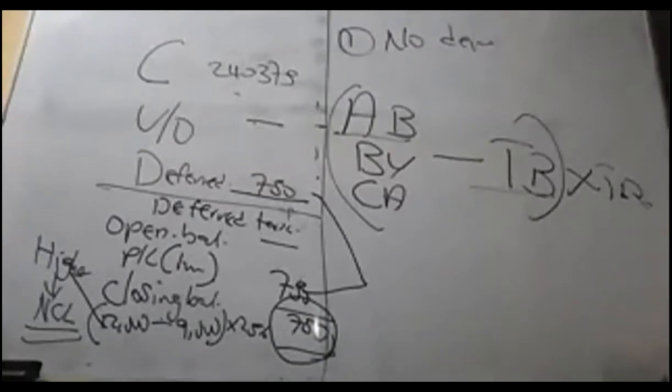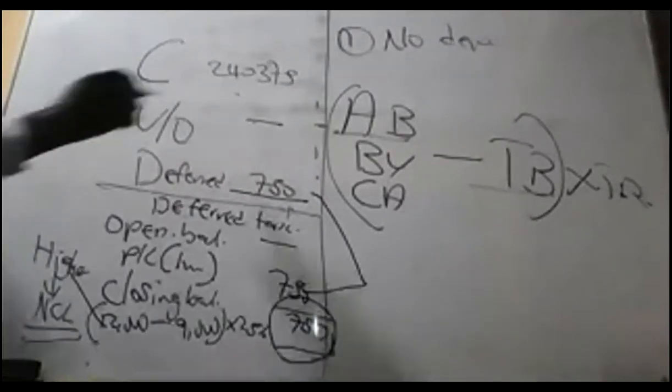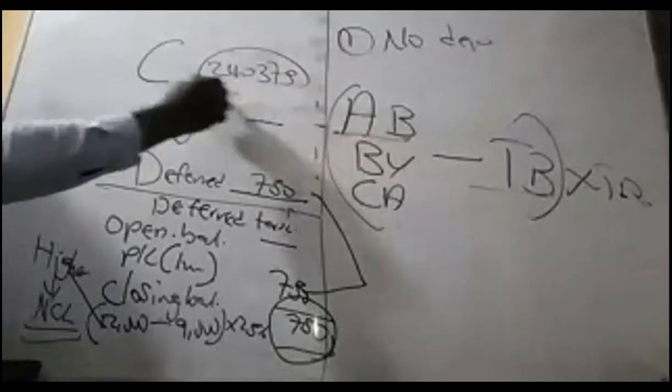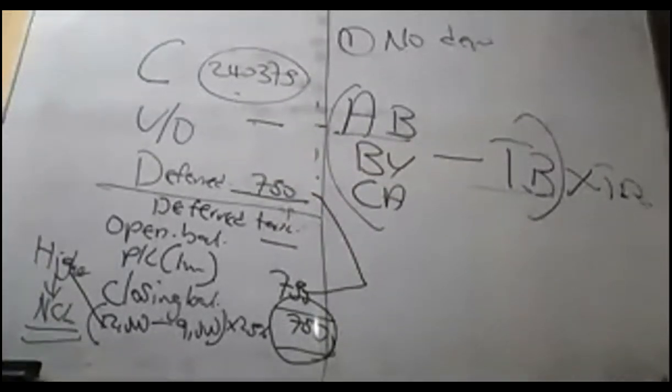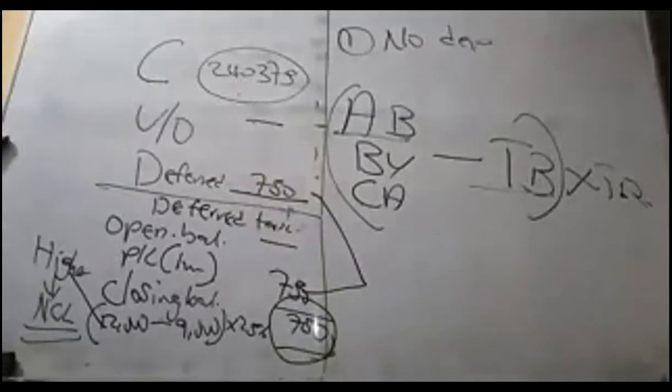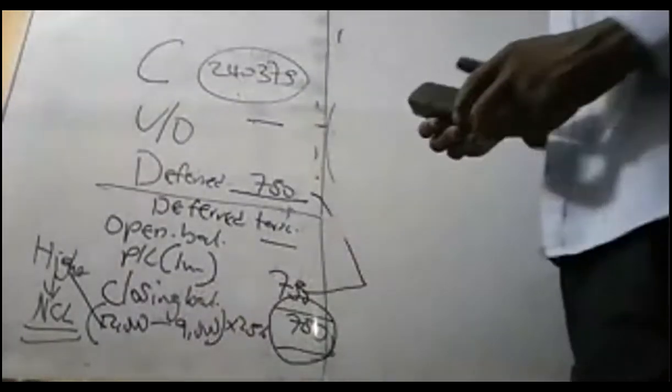Second, this very one, if there are any amounts owing from last year, I'll add them to this figure and send it to the balance sheet. So this question has something like that. They have informed us that the taxation shown in the trial balance represents an amount owing from last year.